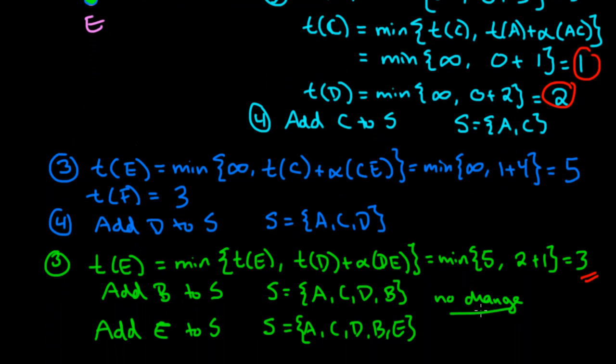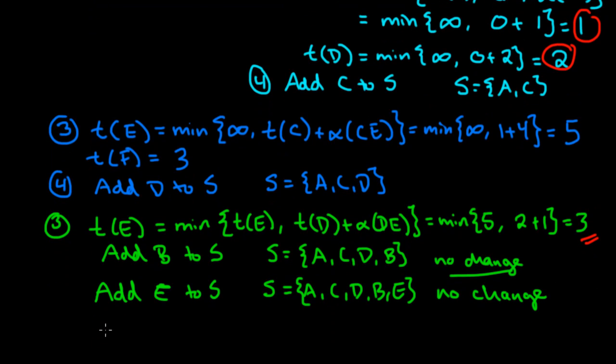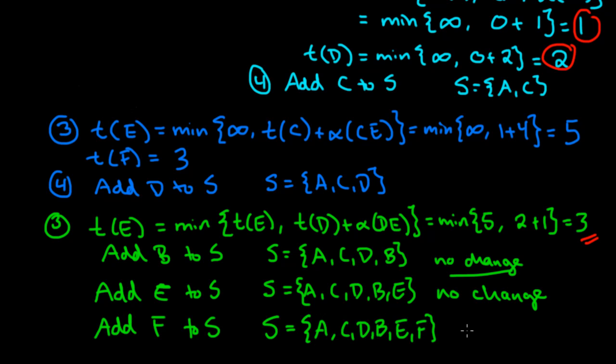They're already in the solution set, so there's nothing to do when you go to step 3, so there's no change again. And then finally, what you have to do is add the vertex F. There are no more vertices left to add, and we get S is the set A, C, D, B, E, F, and again, there's no change.